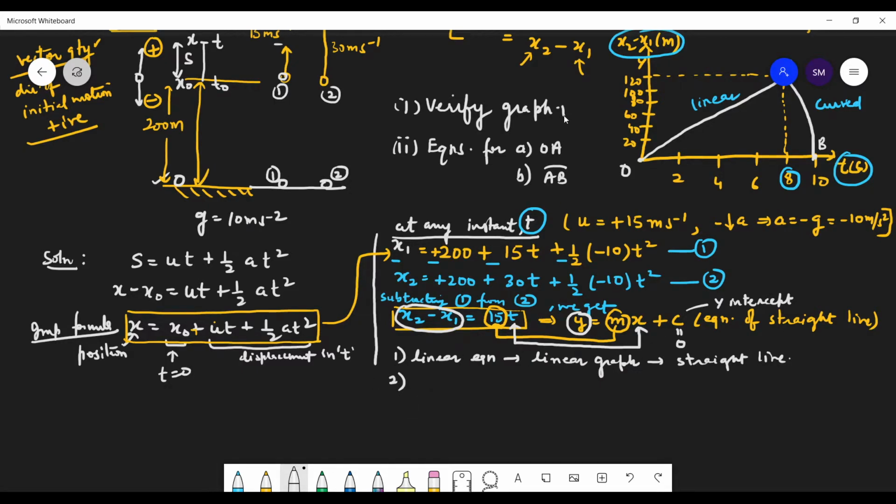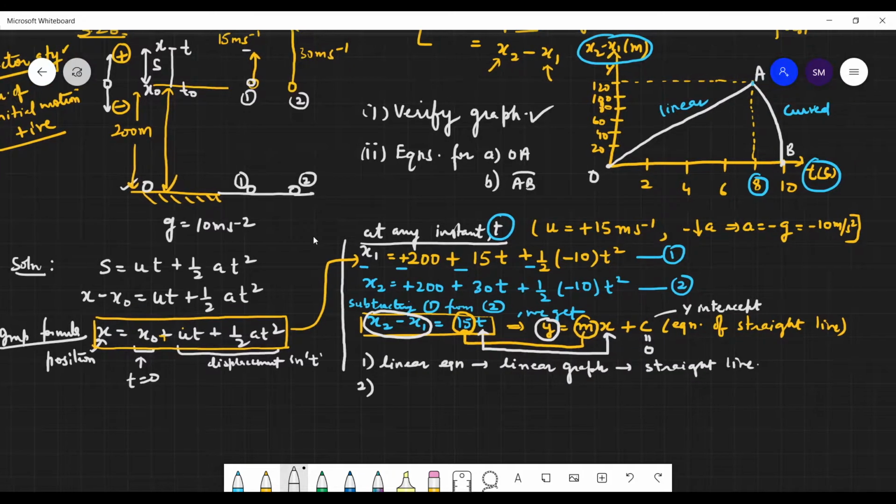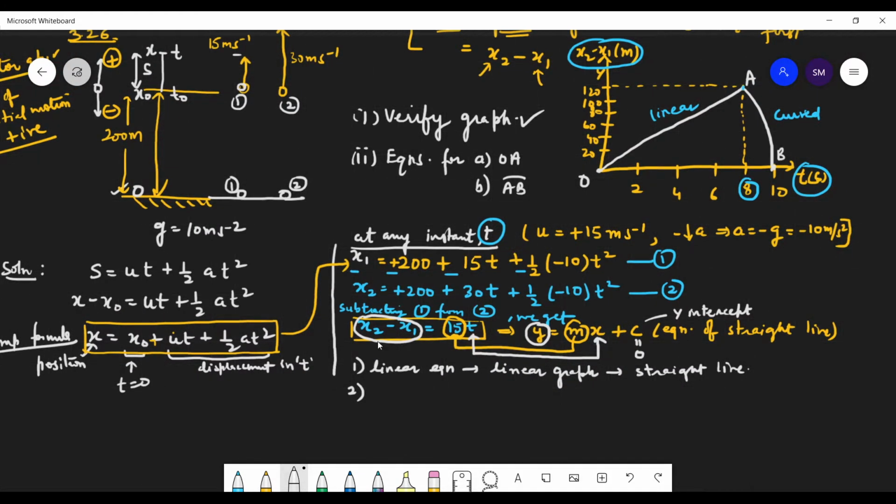So we are verifying that this graph is okay, right? What's the second piece of information that we are getting? The slope. So this is straight line OA, that's verified.